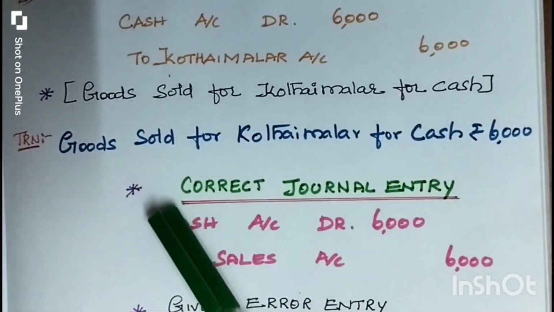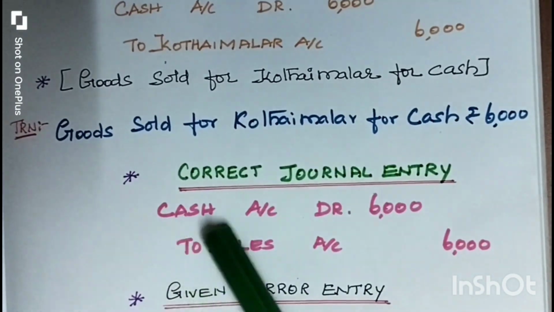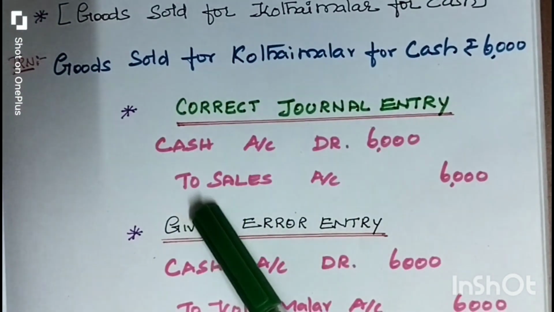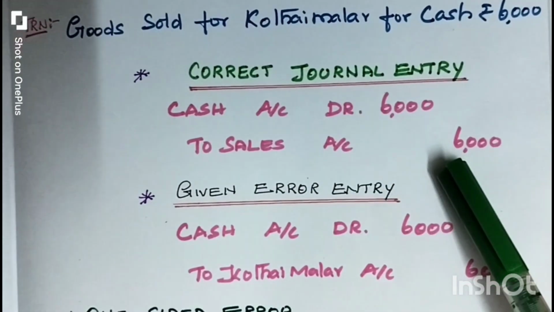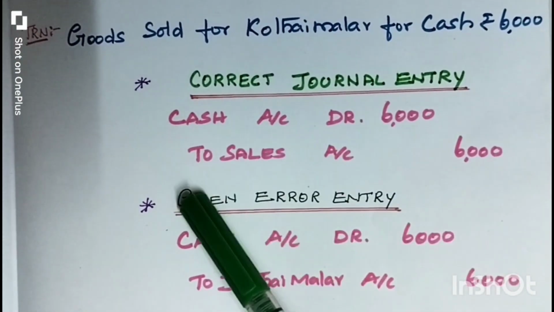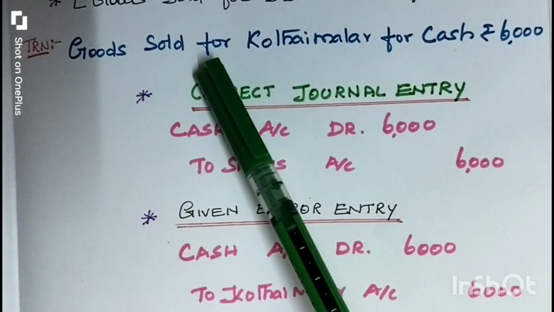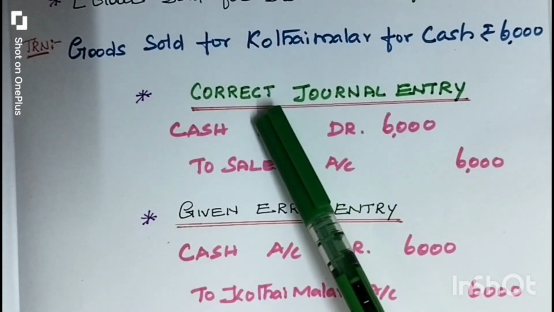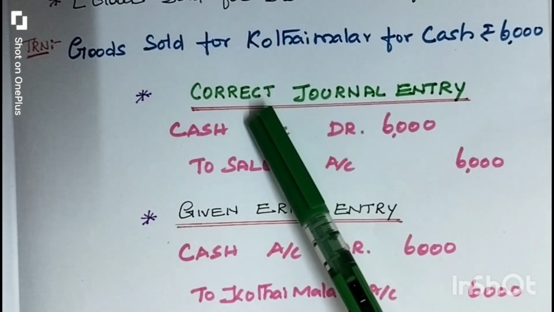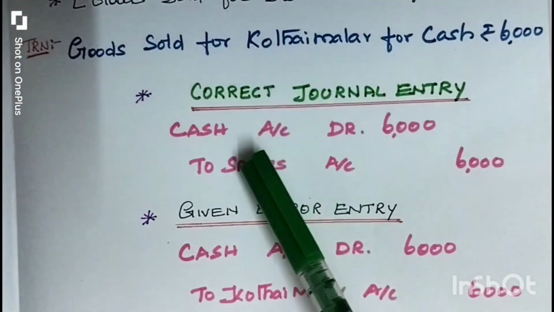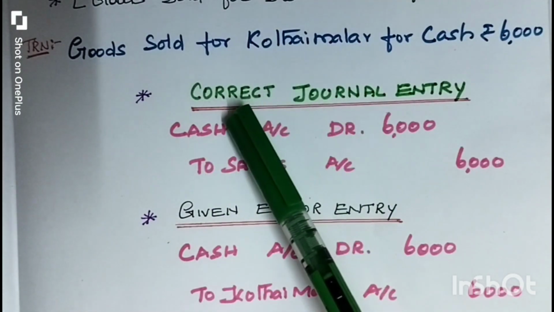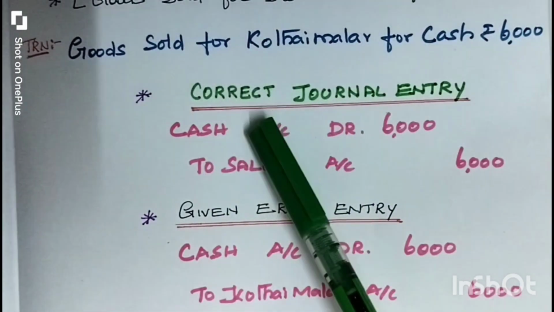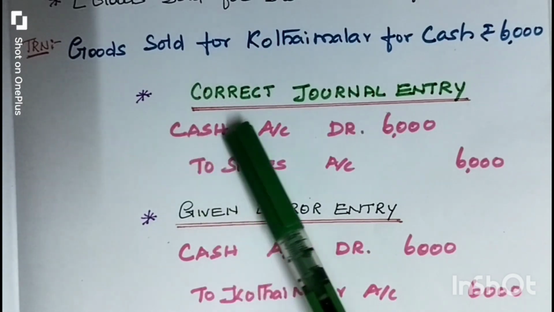So the correct journal entry is cash account debtor 6,000 rupees to sales account 6,000 rupees. Whenever you sell goods, cash comes into your business, so the cash account increases. Whenever the cash account increases, you debit the cash account.